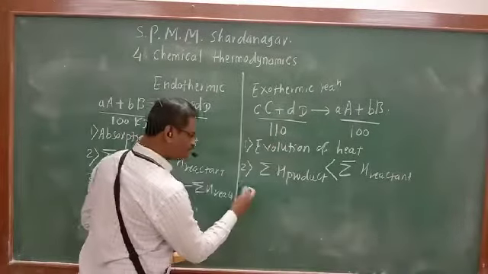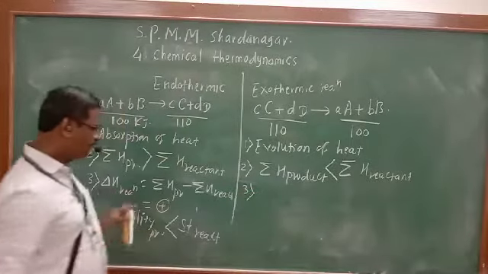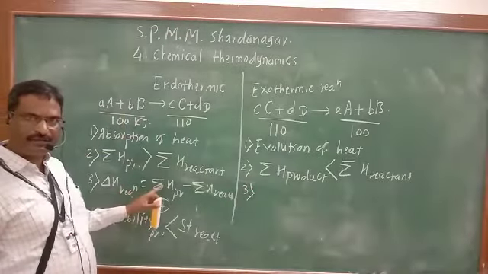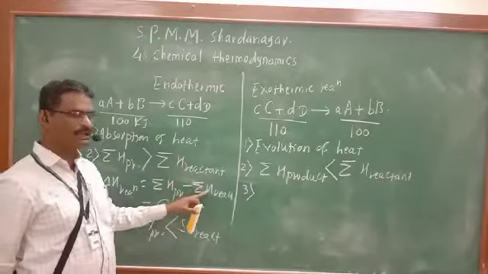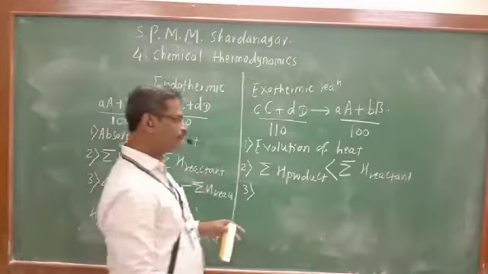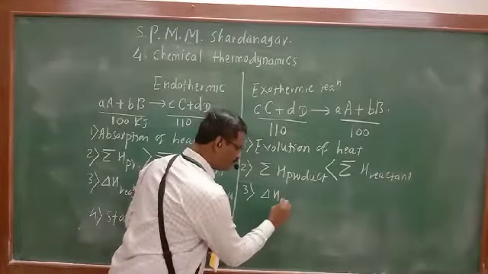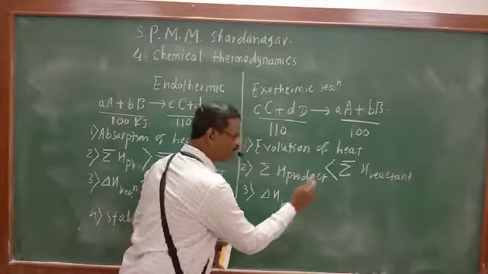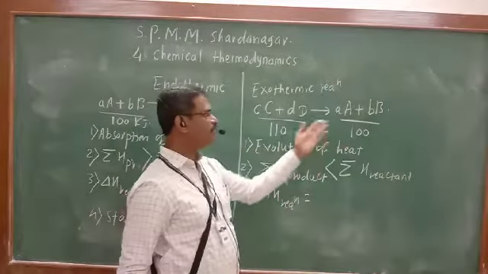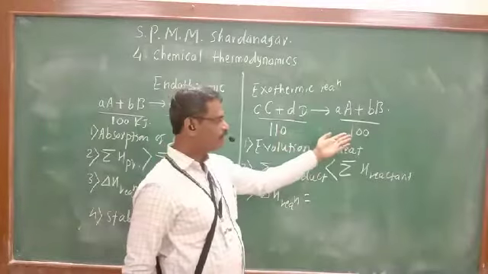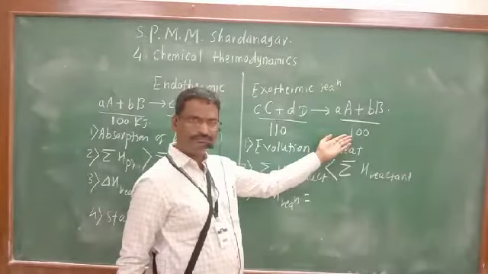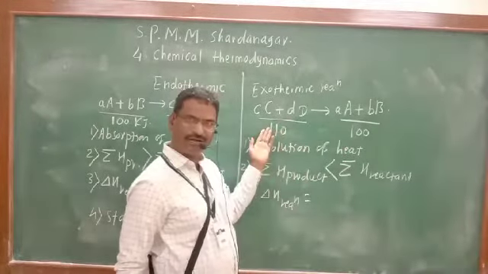how to calculate the delta H? We have studied that delta H is the summation of enthalpy of product minus summation of enthalpy of reactant. What is the value of product? 100. Value of reactant? 110.